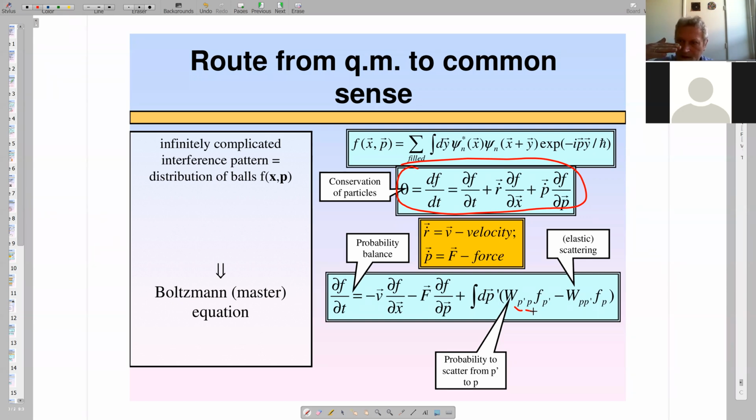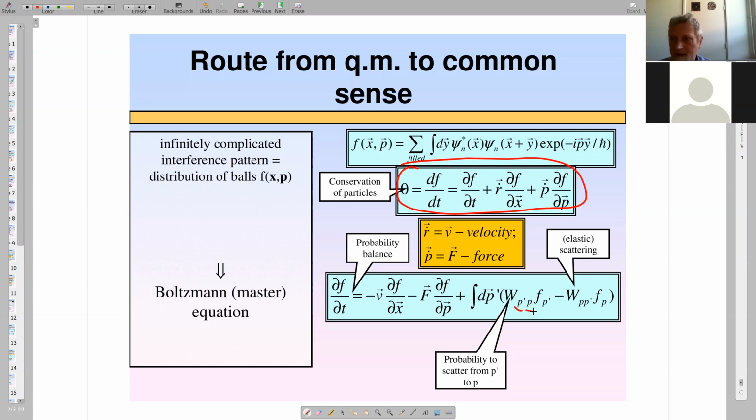An electron comes to the impurity, it deviates in case of scattering. So one can introduce probabilities per unit time to have a scattering event, right?